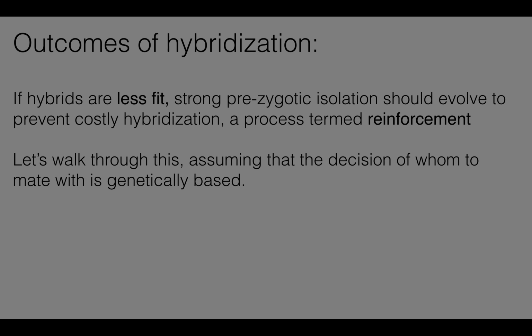If you have a gene that says, whoa, I don't want to mate with that other species, or a gene that causes you to mate at a slightly different time or place and prevents you from hybridizing, then your gene is going to be favored. That's going to get passed on, and over time, that reproductive isolation is going to be reinforced.